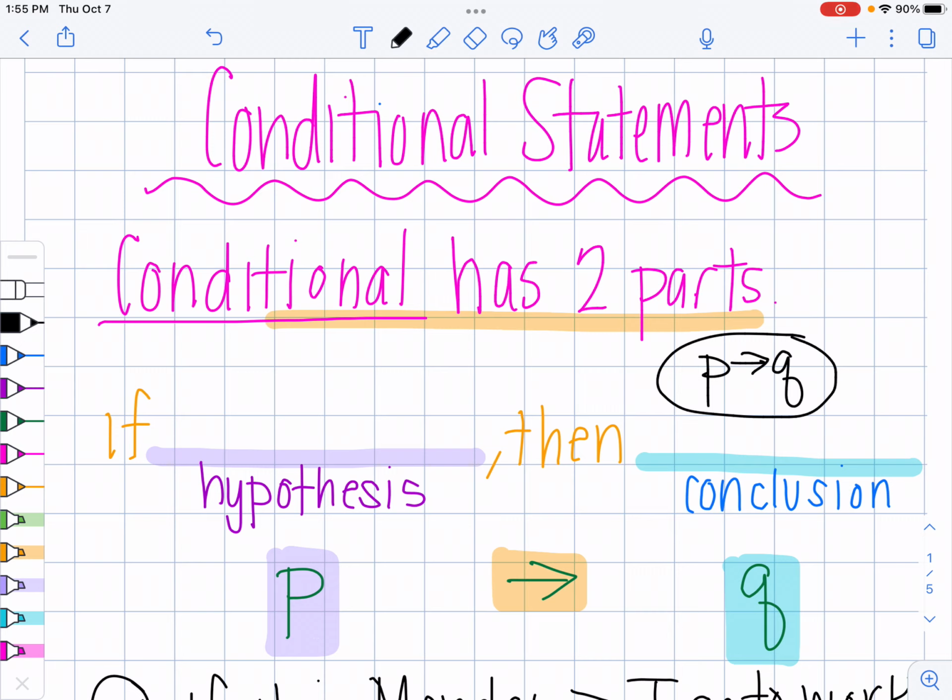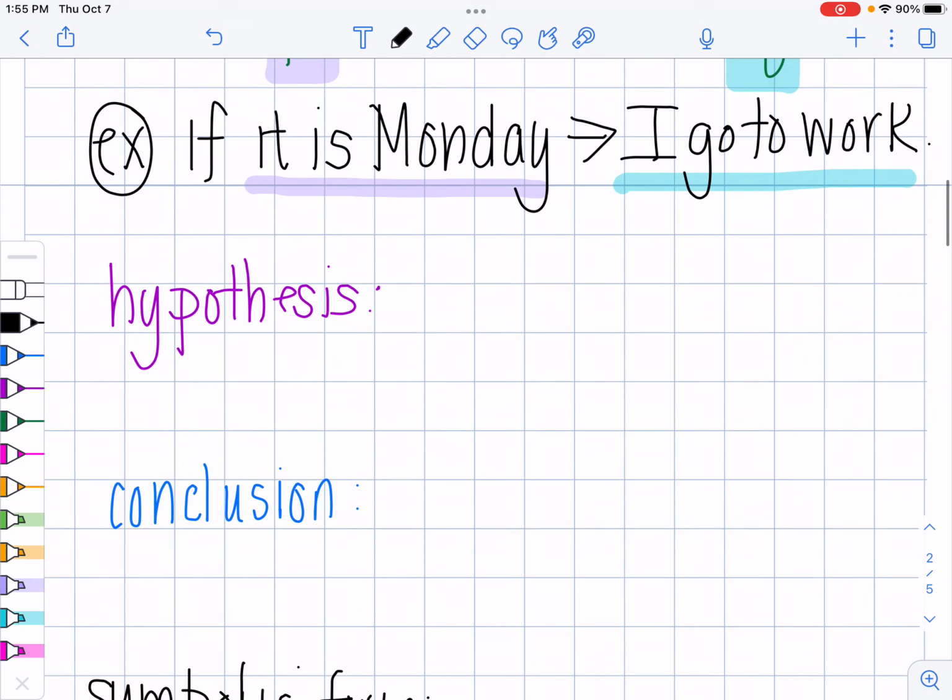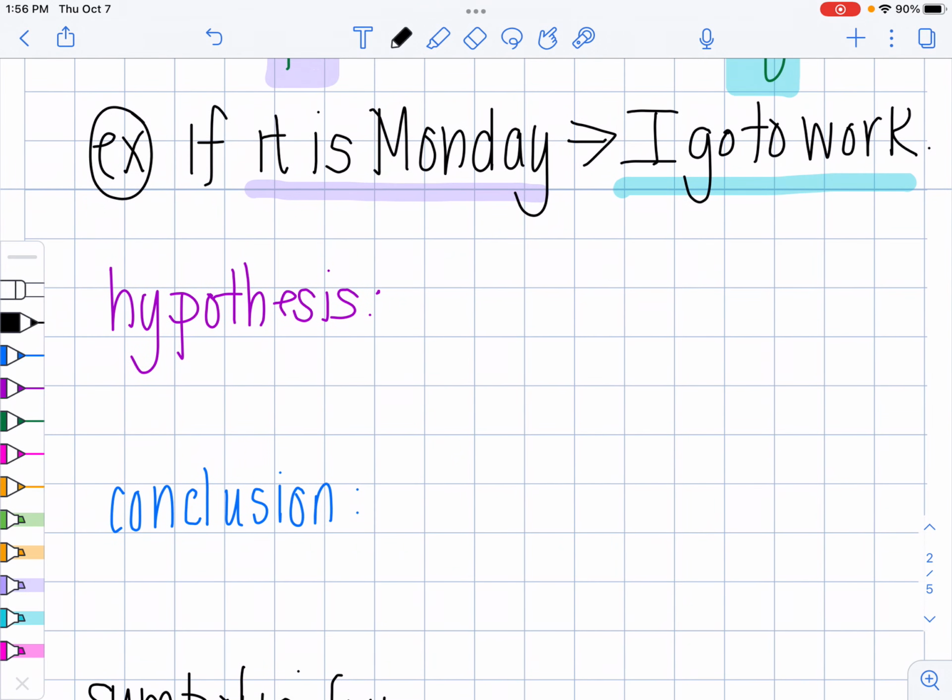So we're going to work on identifying the part of the conditional statement that is the hypothesis, the part that is the conclusion, and then writing each of those conditional statements in symbolic form, and a little bit about negation. First, let's look at this conditional statement that says, if it is Monday, then I go to work.